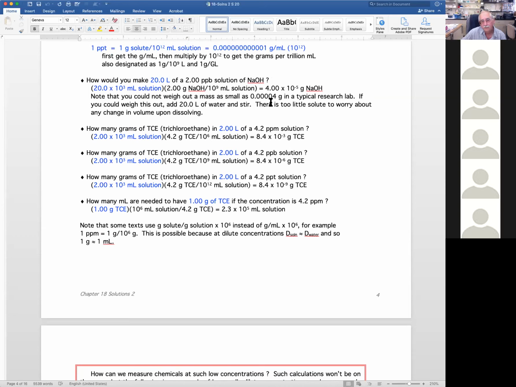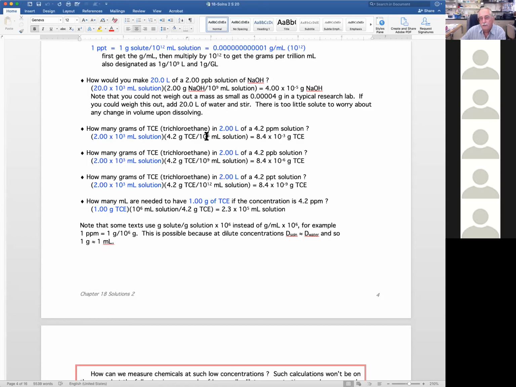So I'm just trying to emphasize to you that there's a big difference in ppm and ppb, ppt. So notice the calculations I did here. TCE, trichloroethane, was found in the drinking water up in Mililani town. It came from a dry cleaning company up there.